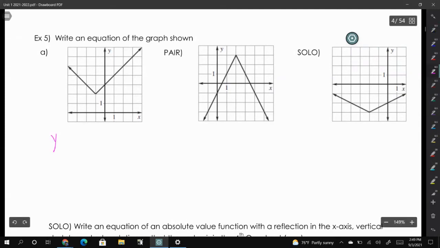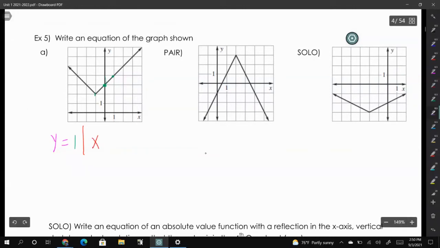So y equals, I see that we have a positive a value because this V is opened upwards, and our slope, up 1, right 1, up 1, and right 1. So we have an a value of positive 1. You don't have to write that down because you could just leave it as an invisible 1.